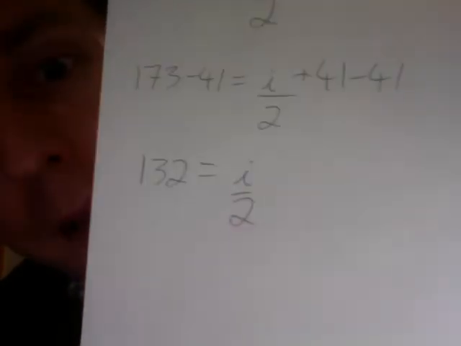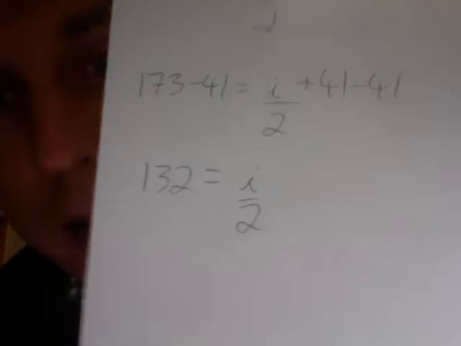Okay, 173 minus 41 is 132, that's right. And if it's not, we'll catch that. 132 equals I over 2, because the addition and subtraction on the right side came out to 0. Okay, so now we're in familiar ground again. I over 2, we need to multiply that by 2, right? Because it's right now divided by 2.